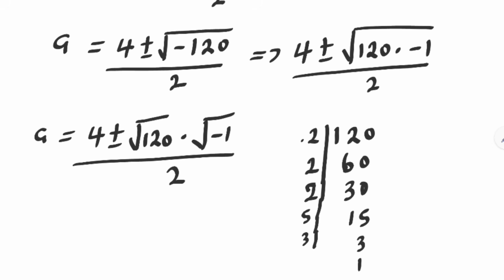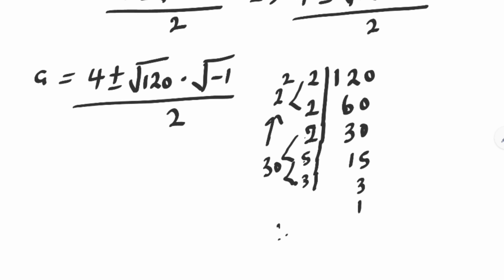Therefore, here is 2 square, then here we have 2 multiplied by 5, then multiplied by 3. 2 times 5, 10 times 3, 30. So therefore, 120 is equal to 4 multiplied by 30.